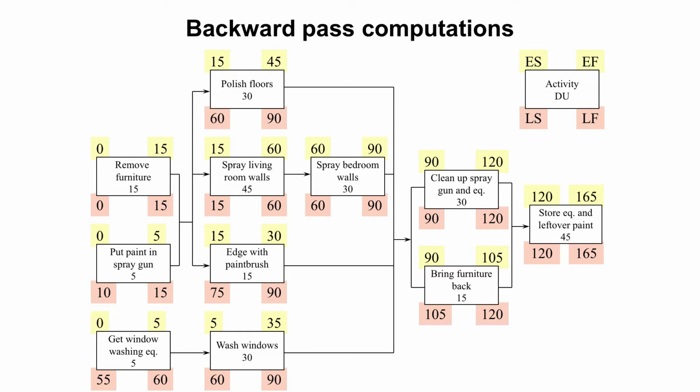And when we have several successors and we move towards their predecessors, we select the smallest figure from the succeeding activities' latest starts, because the earlier the successor activity must be started at the latest, the earlier all predecessor activities must be completed.